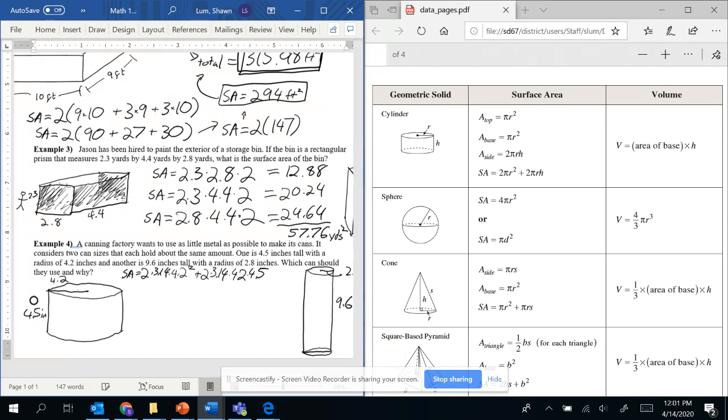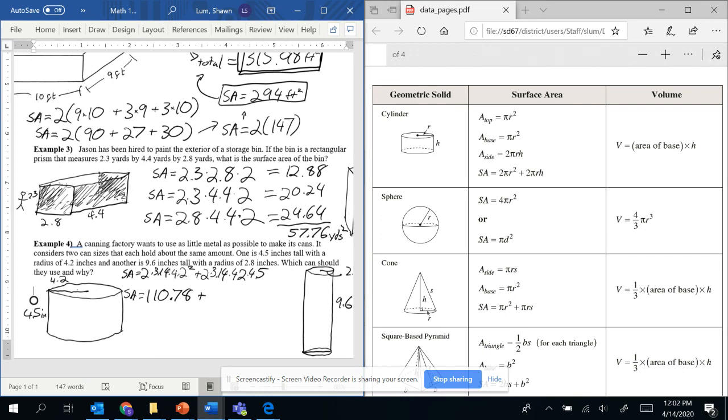Okay, so surface area equals, you should be doing exponents first. So go 4.2 squared times 3.14 times 2. So I get 110.78, plus, I'm going to do this section right here.